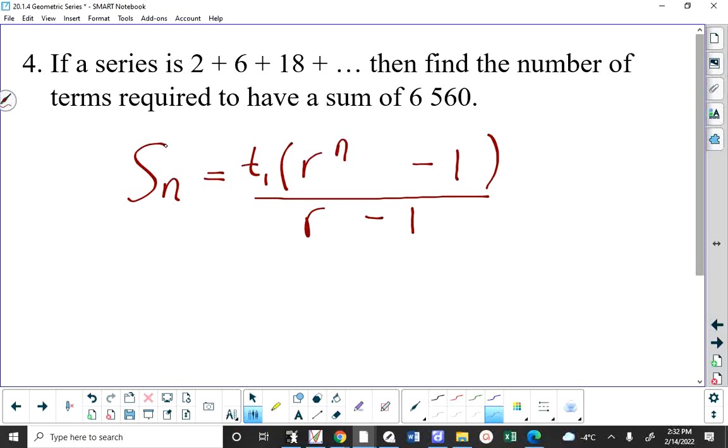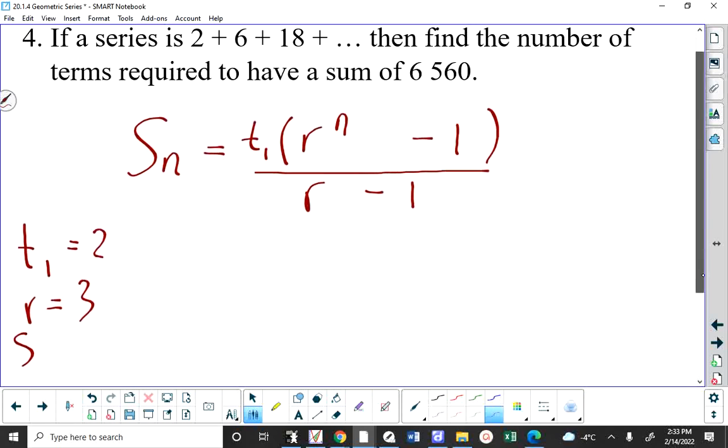If we put in everything we know, the first term is 2, the common ratio is 3, and the sum, even though we don't know how many terms there are, the sum is 6,560.